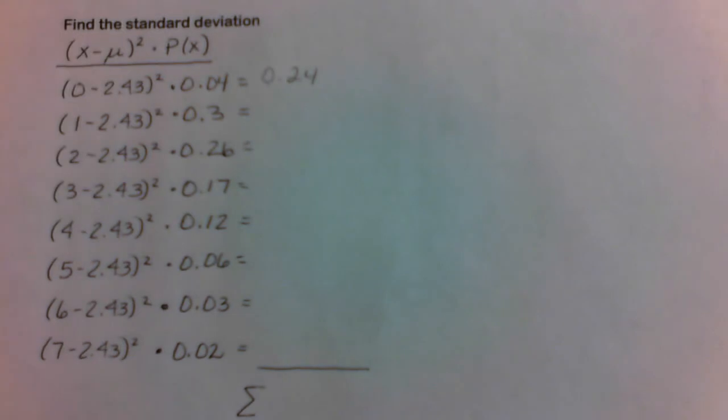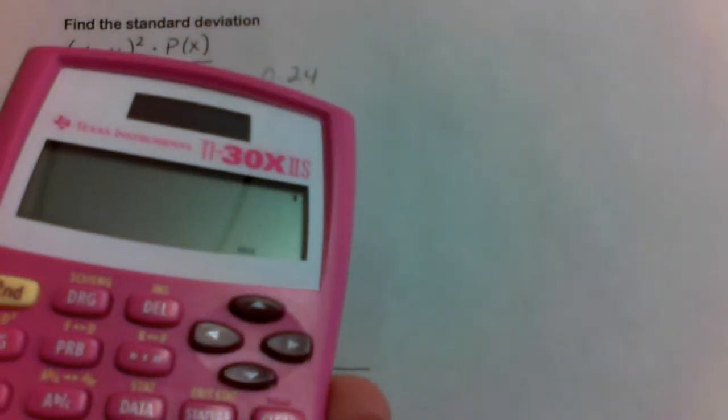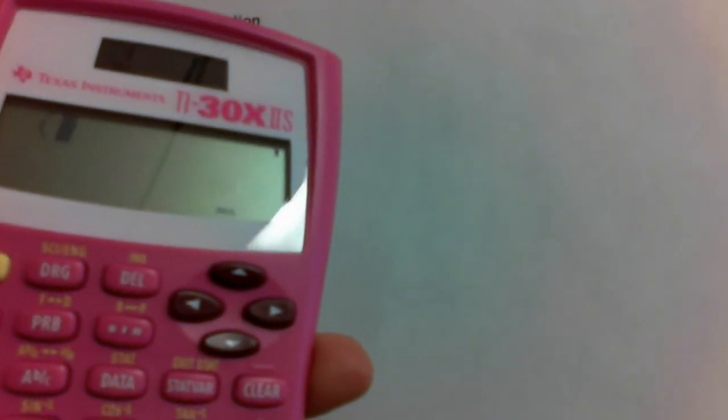Let me do one more and see if I can get the next one where you can kind of see it on the calculator a little bit better. And then I'm just going to give you the answers to the rest of them. Okay, so I would do open parentheses, 1 minus 2.43, close parentheses. Whoops, my 4 didn't get in there, did it?